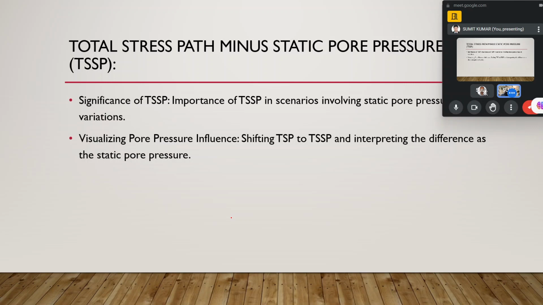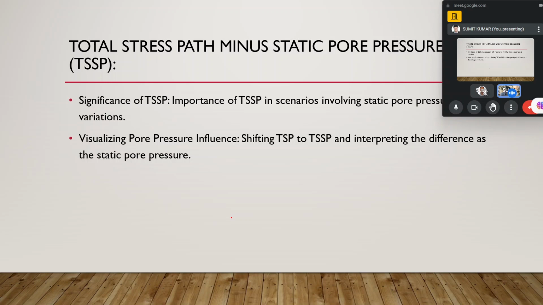So you get a clear idea about what we mean by effective stress path, because sometimes it has been seen that students get confused about the effective stress path. That's why those two terms are stated over there.